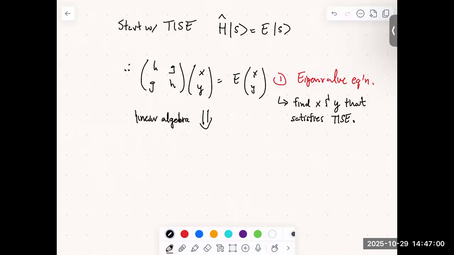All right, so what I want is to have square matrices on both sides. And so to do that, I'm going to insert the identity matrix here. So we could write this as the matrix H, G, G, H times x, y, nothing changes there. And I'm just going to put in an E, and then the identity matrix times our state x, y. All right, fair enough.